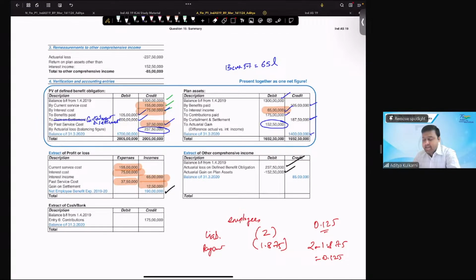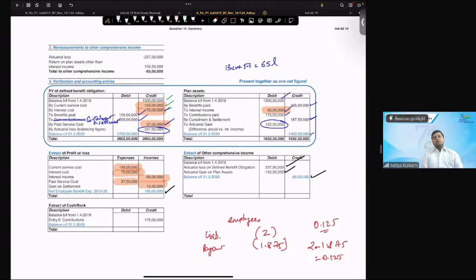On the plan assets, it is a gain of 1.52 crores. And therefore, the net actuarial loss is 85 lakhs. Any doubts here? No doubts? Clear. Monica, clear? Hemant, clear?